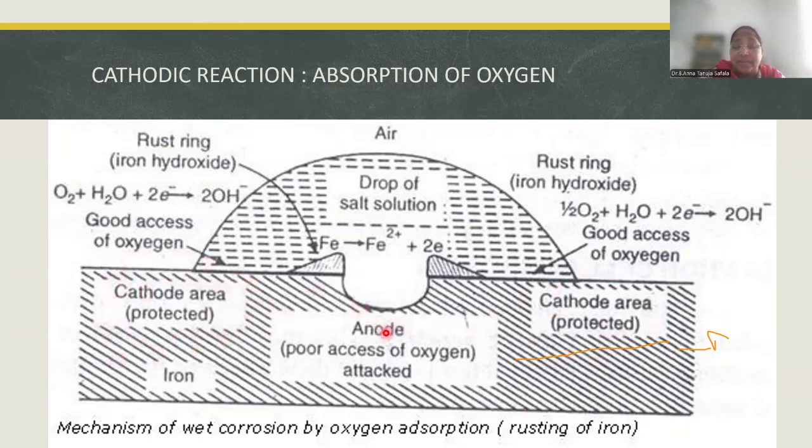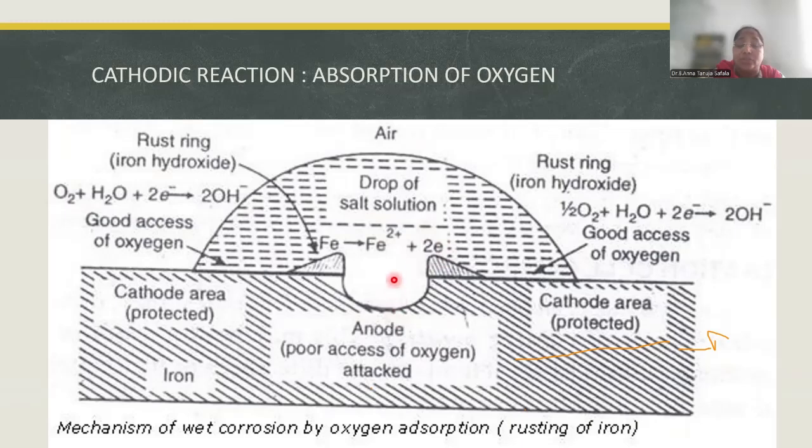This part of the metal is being converted to anode because some damage has happened. Wherever stress happens, the stressed part will become anode. At this stressed anode part, iron grains are undergoing oxidation to Fe2 plus, releasing 2 electrons.